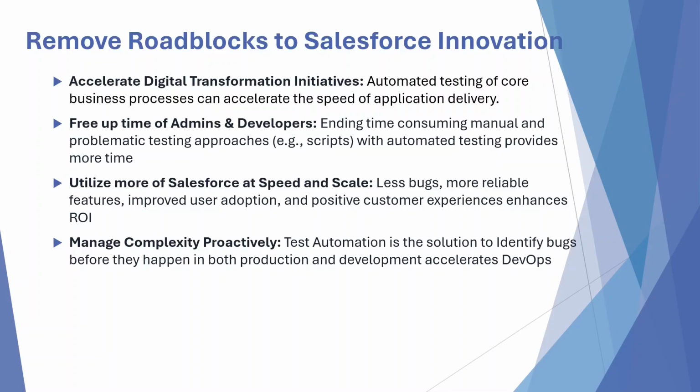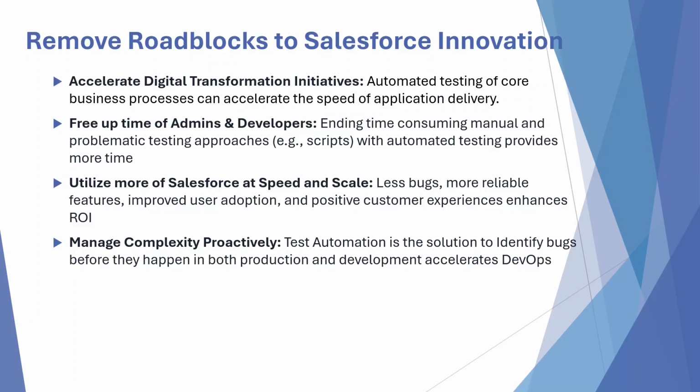Next one is you can remove the roadblocks by managing the complexity proactively. Test automation is the solution to identify bugs before they happen in both production and development, and accelerates DevOps. What do you mean by that? Salesforce environments can be highly complex due to extensive customizations and integrations.